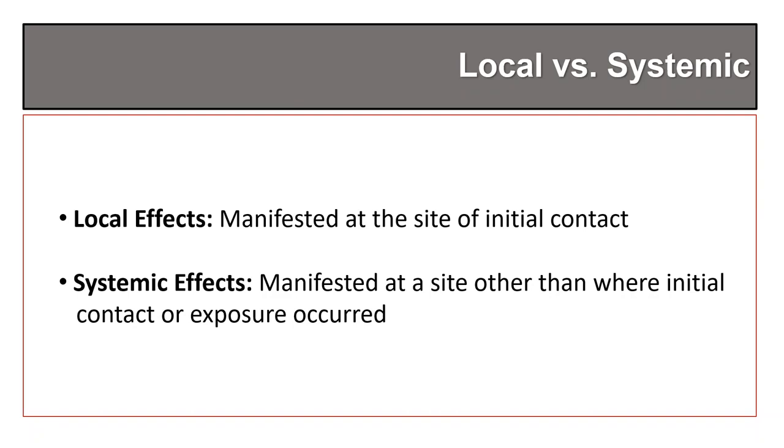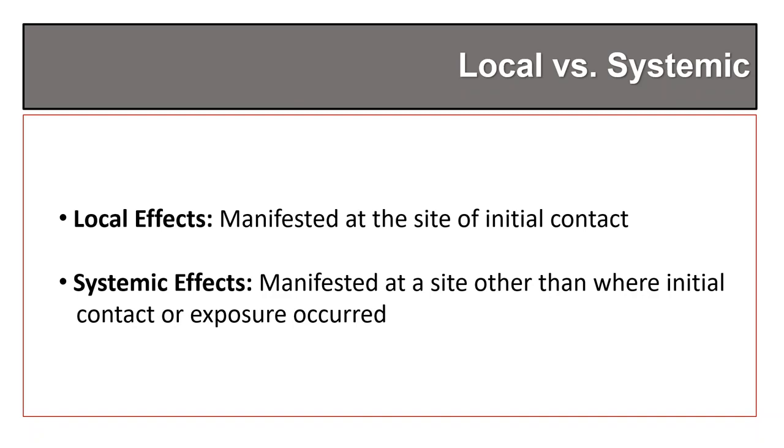If the adverse effect manifests at one or more of those sites, then that's determined to be a local effect. If absorption occurs and absorption results in systemic contamination, now the substance is in the bloodstream and it's distributed elsewhere, other organ systems may be involved.